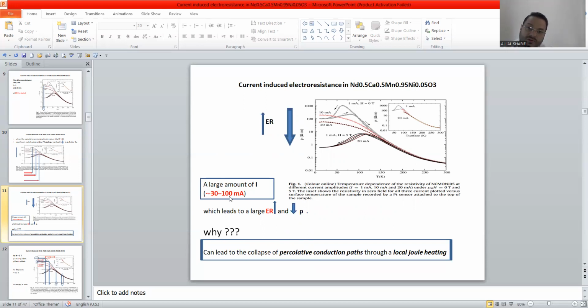Let's take a look at 30 and 100 milliampere. This phenomenon has happened. I mean, the resistivity started to decrease and electric resistance started to increase.